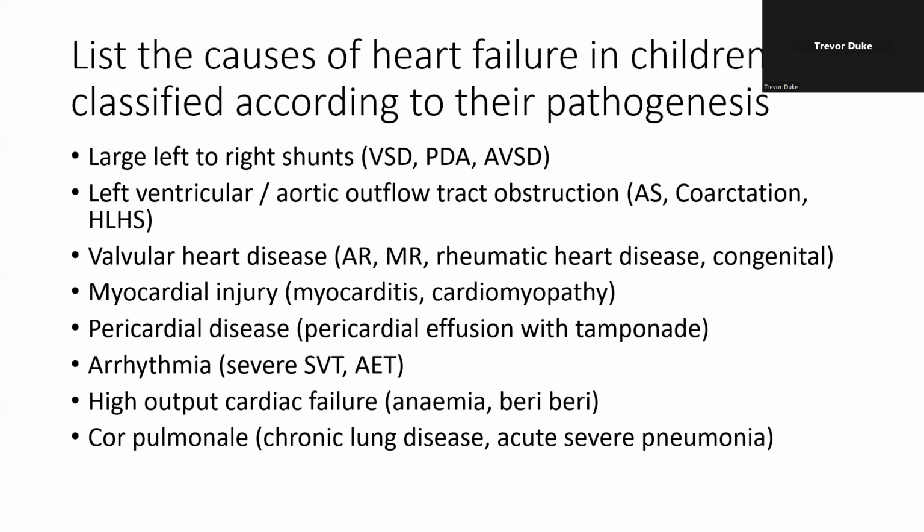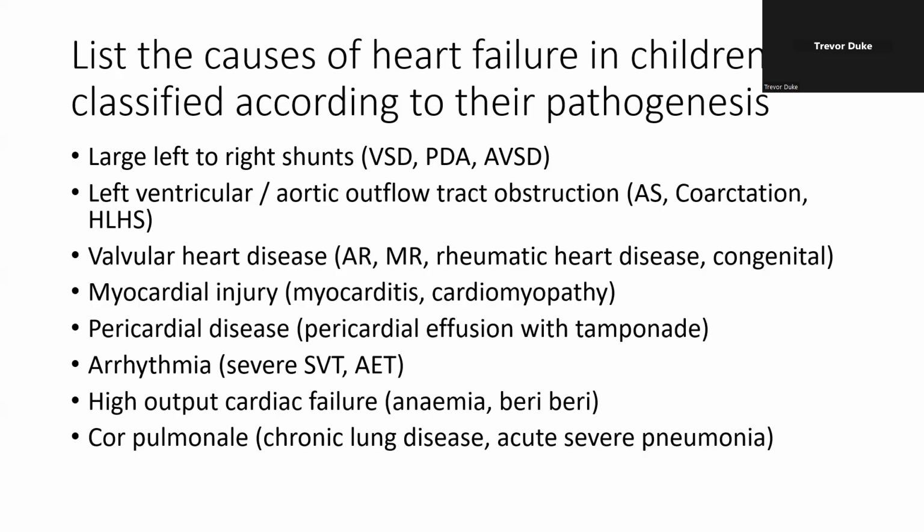So we've thought about large left to right shunts. We've thought about left ventricular outflow tract obstruction. The other part is the valves of the heart. If you think about that in pathophysiological terms, there can be congenital or acquired diseases of the valves.